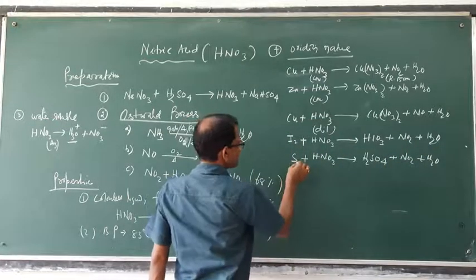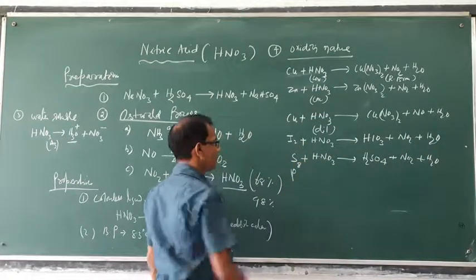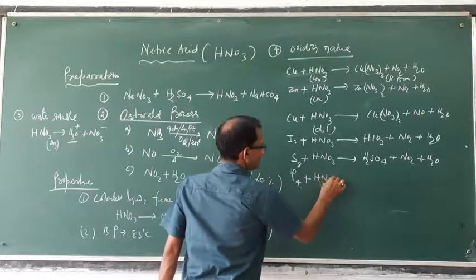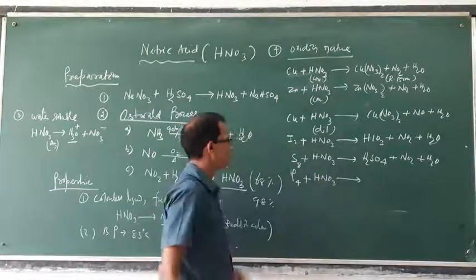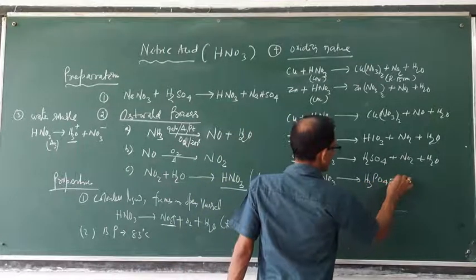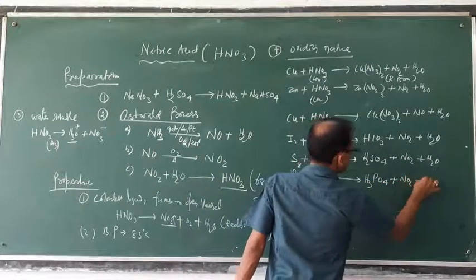Phosphorus, written as P4, plus nitric acid is converted to phosphoric acid plus NO2 plus water.